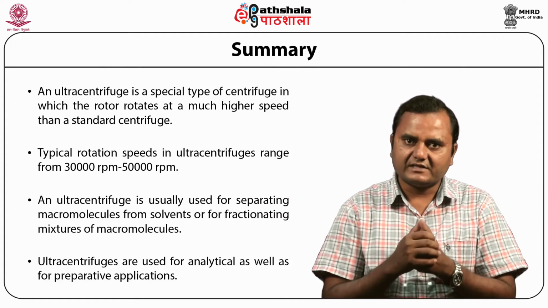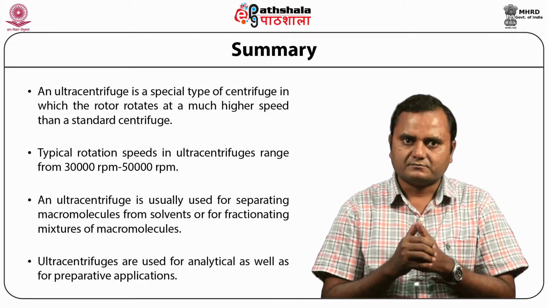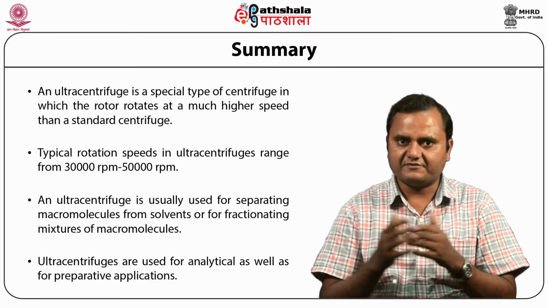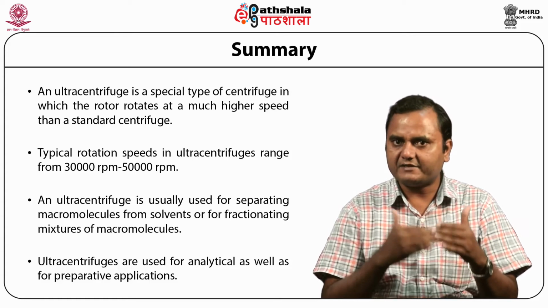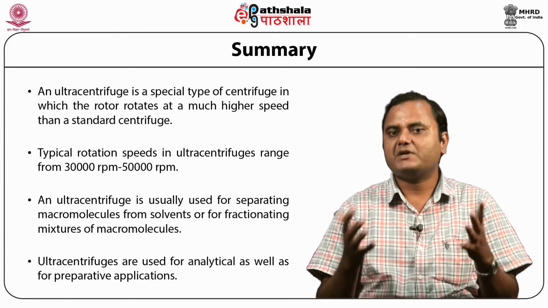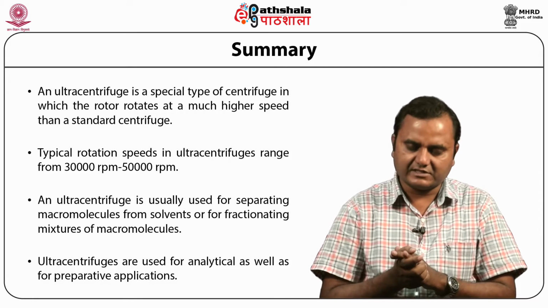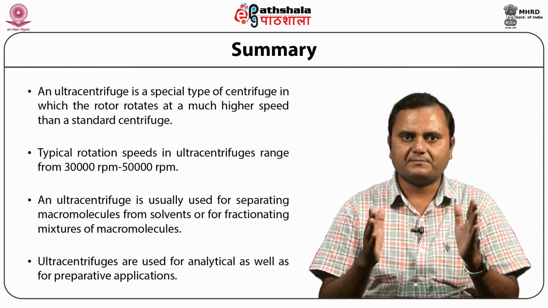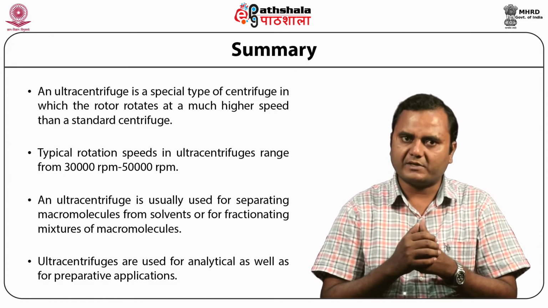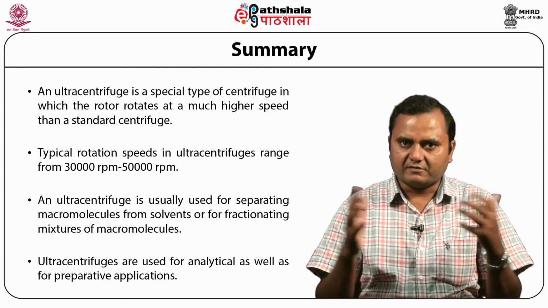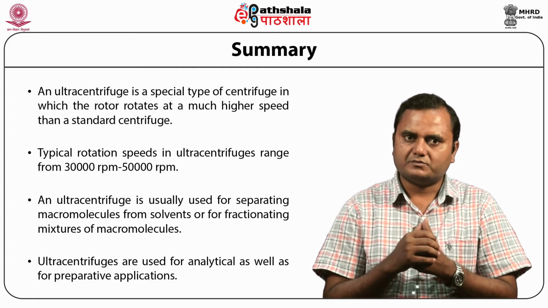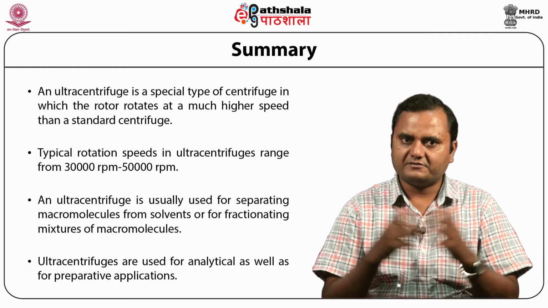The preparative centrifuge is used for separating macromolecules such as protein and nucleic acid based on their physical properties, and in preparative centrifugation the sample is further utilized for biological purposes. However, in analytical centrifugation it is used for the measurement of the physical properties of the particular macromolecule or substance. So this is the end of this module, and thank you very much.